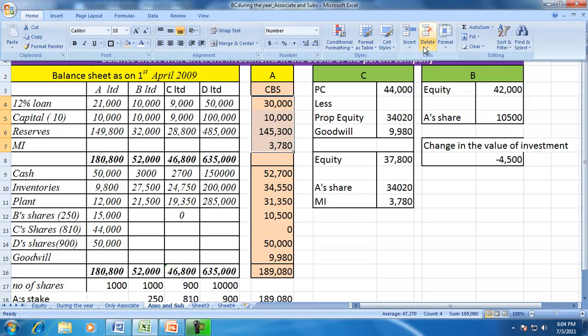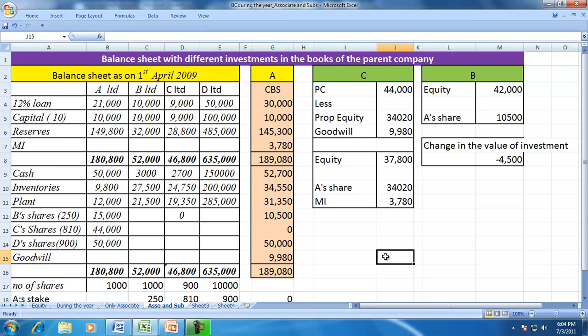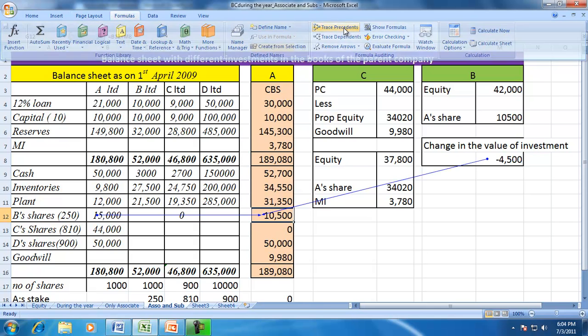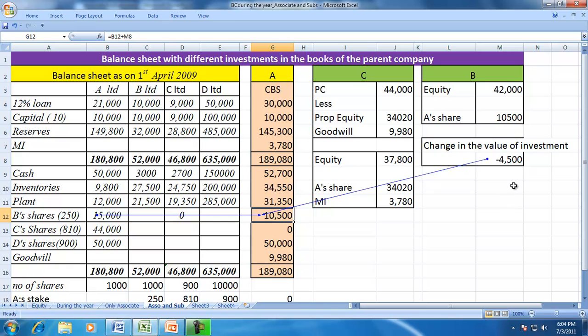So in case of the consolidated balance sheet of A, the assets and liabilities of C are consolidated because C is a subsidiary company. B is an associate company. There is no consolidation required, but they have to follow equity accounting. Equity accounting means the value of the investment will be adjusted to the changes in the value of the equity of B. So the changes in equity of B will be adjusted to the reserves.